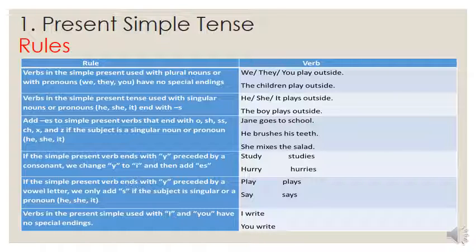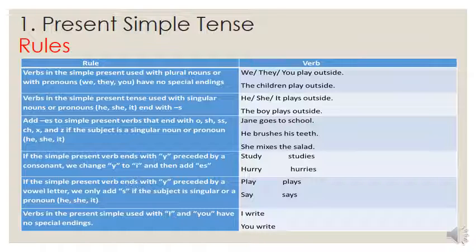Now, there are some spelling rules for adding the s. For the verbs that end with o, sh, double s, ch, x, and z, in this case we have to add es to the verb. If the verb ends with y, you have to look at the letter before the y.